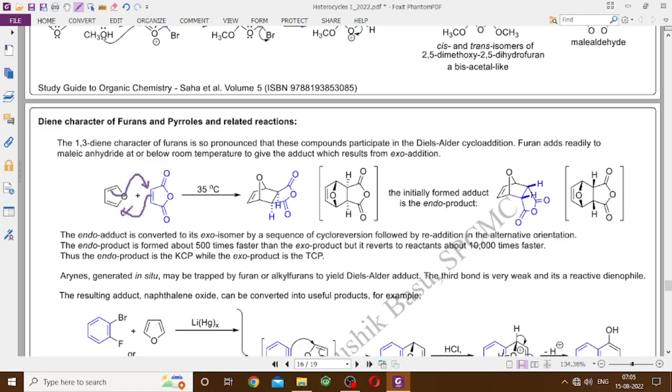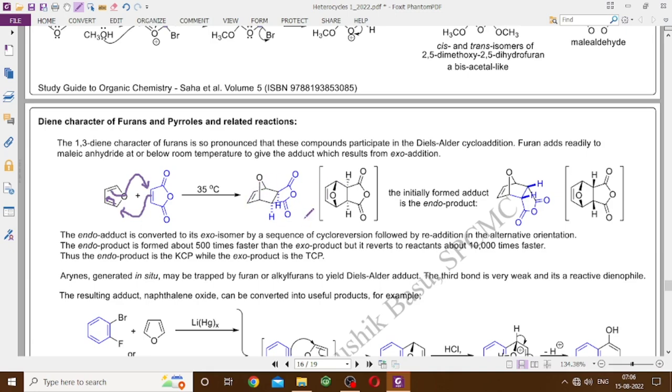That's a 4+2 Diels-Alder cycloaddition, where you have formation of the Diels-Alder adduct. Now this maleic anhydride may get incorporated with the furan ring in two ways. One way is that the maleic anhydride will be cis to the oxo bridge, and in that case these hydrogens are cis to the longer unsaturated bridge of the molecule.